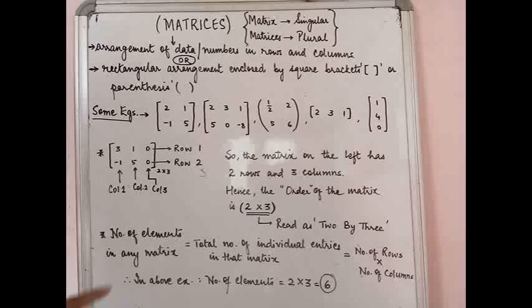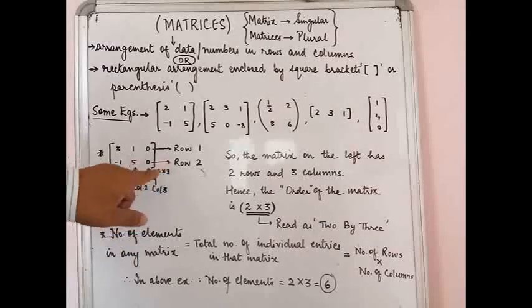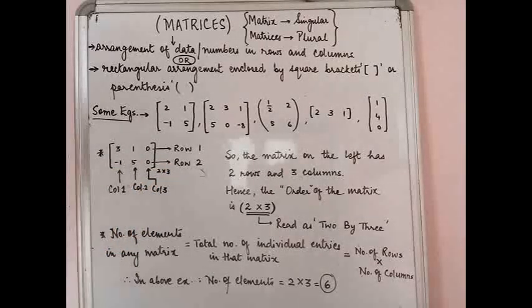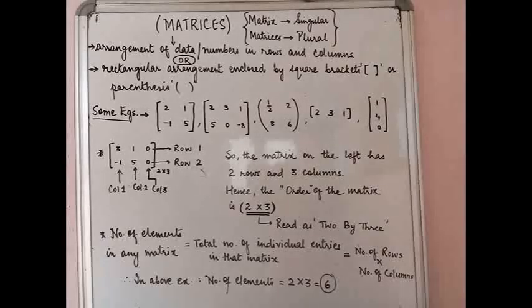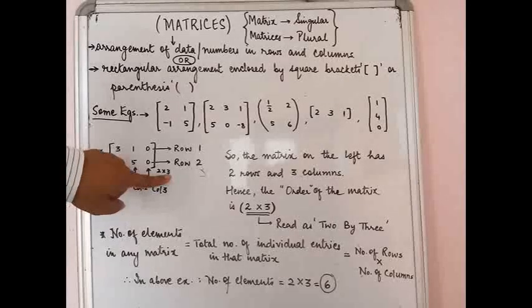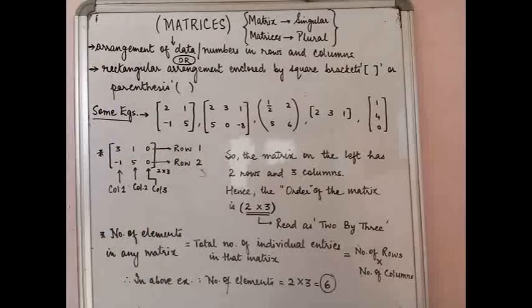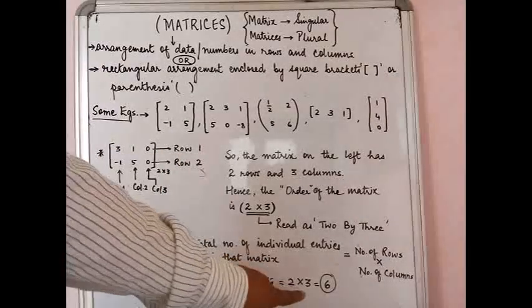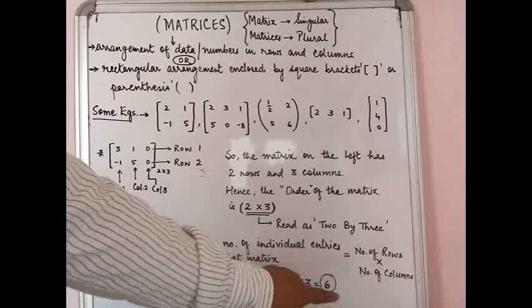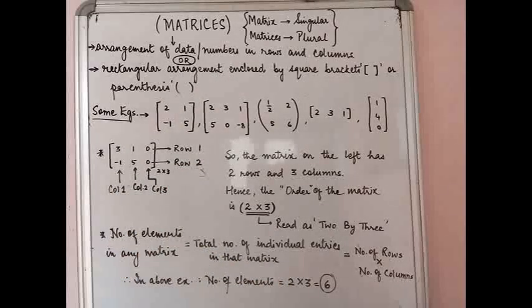So the order of the matrix gives you important information about a particular matrix. It tells you how many rows there are, how many columns there are, and when you multiply the number of rows and the number of columns, you get the number of individual elements or entries in a particular matrix.